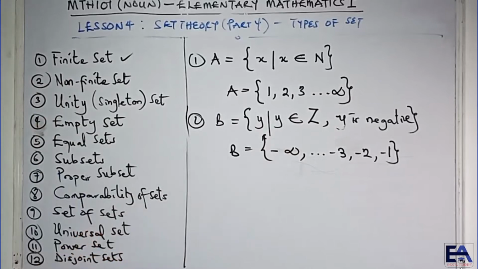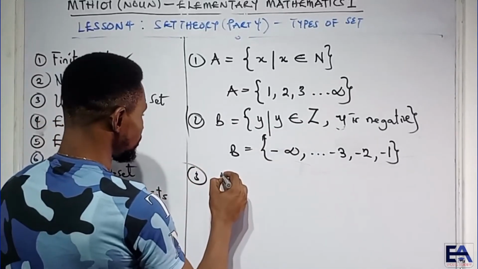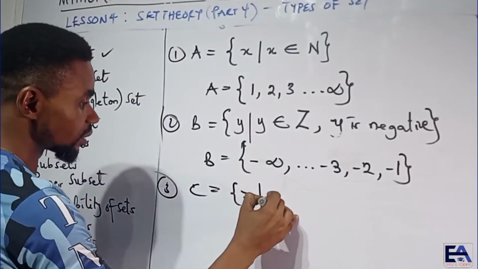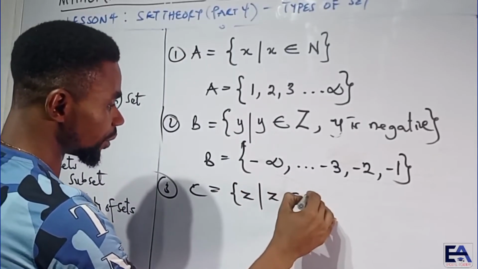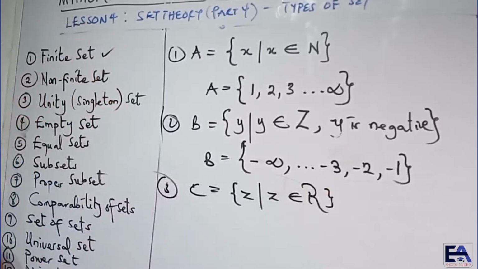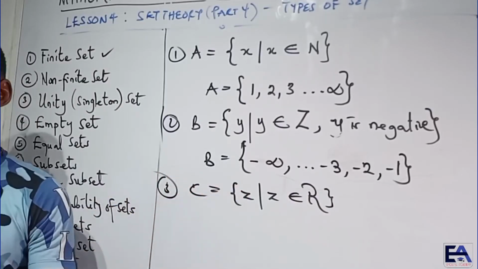Then what if we have a third scenario that says C is a set of Z such that Z is a real number? So C is a set of Z such that Z is a real number.